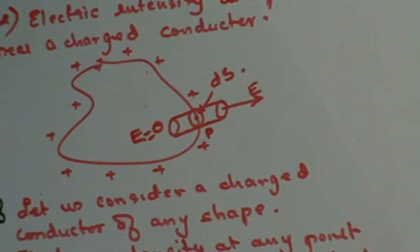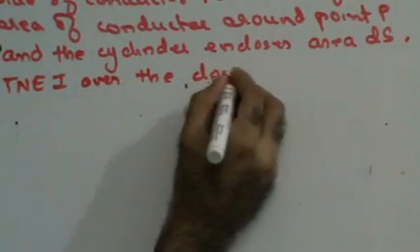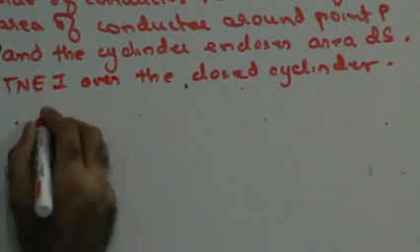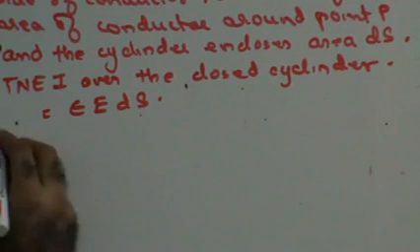So therefore I can say that the total normal electric induction over the closed cylinder is going to be equal to epsilon E ds. The area I am considering around point P is ds. Now let us assume, let sigma be the surface density of charge.